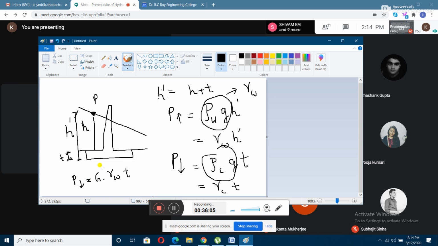We can denote it like this, where what is the value of G? It is the specific gravity, right. Specific gravity of a particular material: what is its value? The unit weight of that particular material divided by the unit weight of water, right. I think everybody knows that, yes or no?